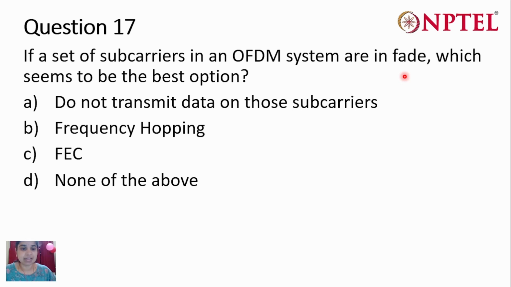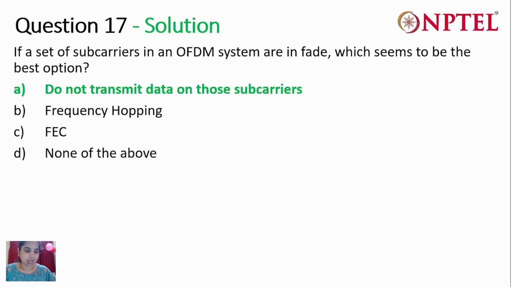Yes, I think that's the best option. Because in the case of OFDM, whatever signal we want to transmit, we are placing them in subcarriers. If some are in fade, then it's better not to transmit data in those subcarriers.